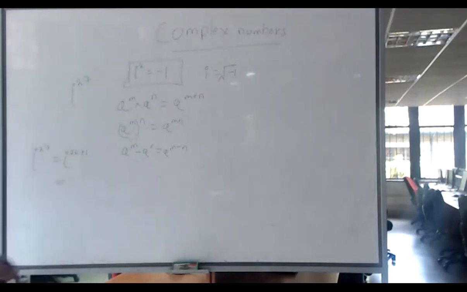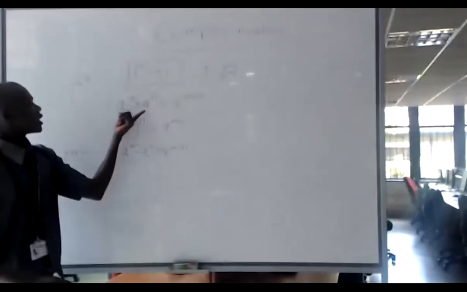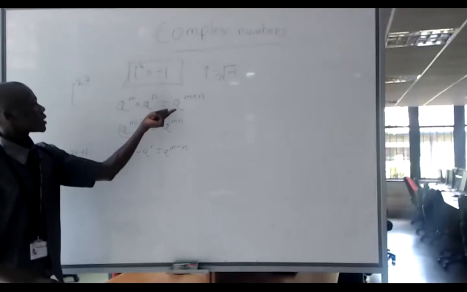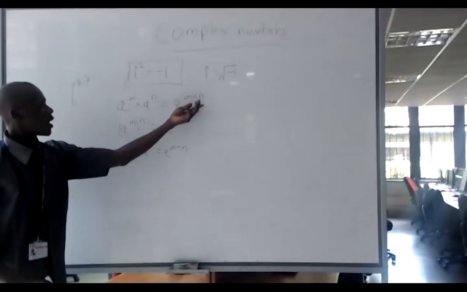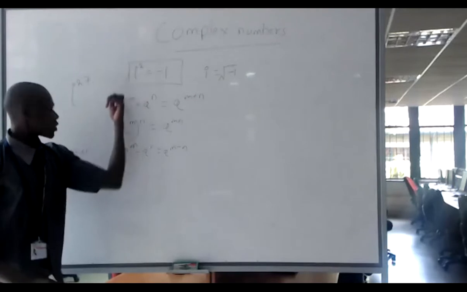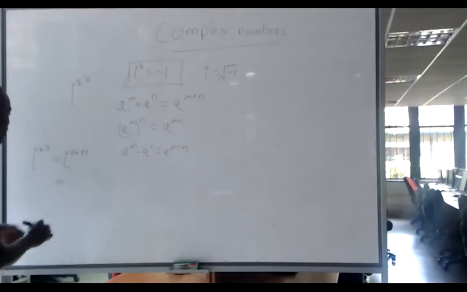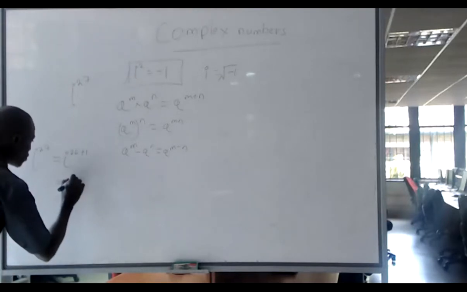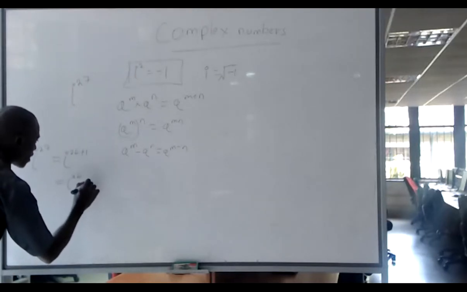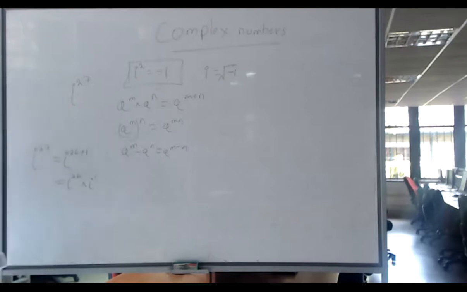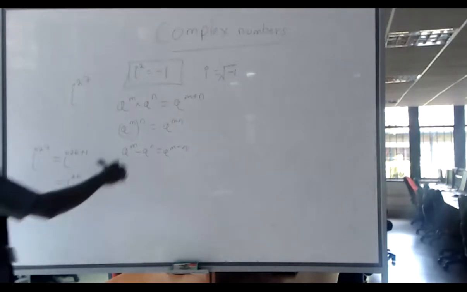Now, look at this rule. A to the m times A to the n is the same as A to the m plus n. Now I'm on the right-hand side, I want to go back. So I have I to the 26 plus 1. I can write this as I to the 26 multiplied by I to the 1, using this first rule.